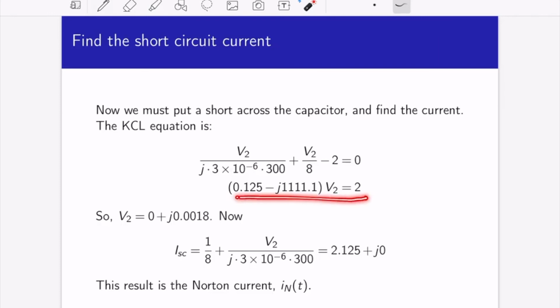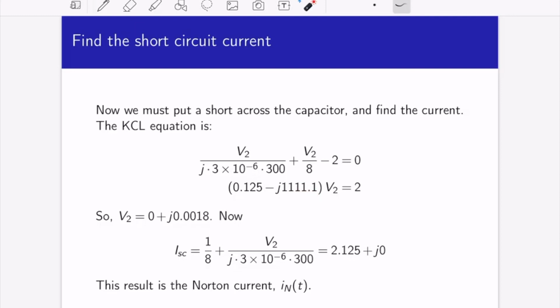Then we take 2 and divide it by 0.125 minus j 1111.1, and we end up with V2 equal to 0 plus j times 0.0018. So it's a mostly imaginary number. It is so small that it looks like 0 relative to the other value.